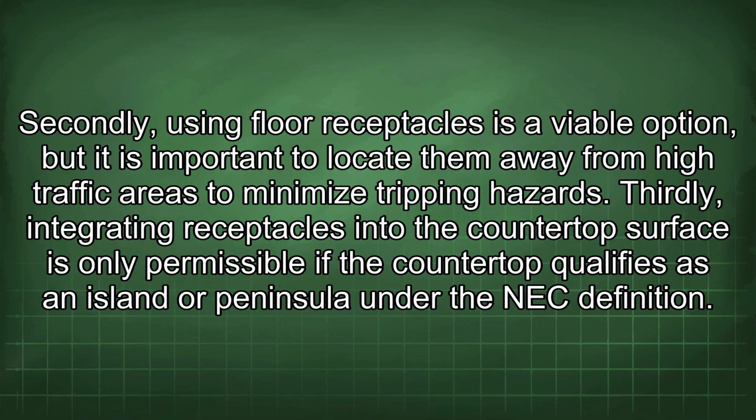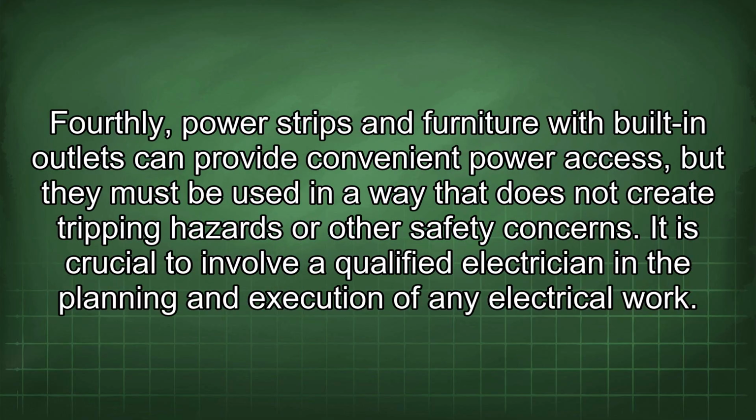Thirdly, integrating receptacles into the countertop surface is only permissible if the countertop qualifies as an island or peninsula under the NEC definition. Fourthly, power strips and furniture with built-in outlets can provide convenient power access, but they must be used in a way that does not create tripping hazards or other safety concerns.